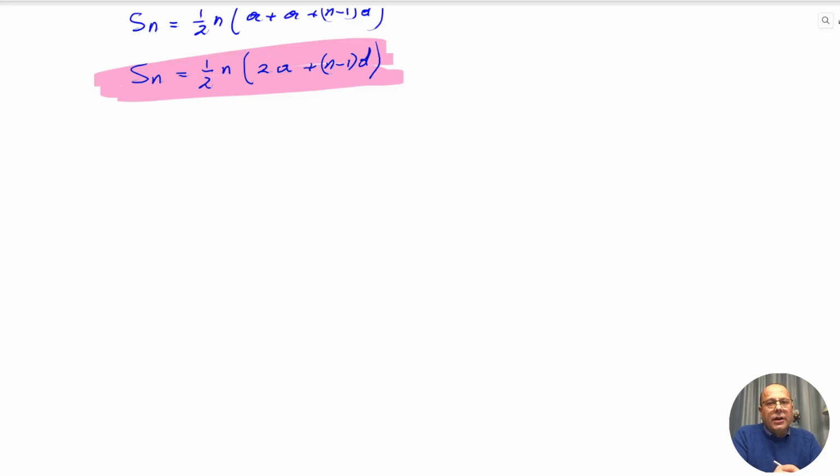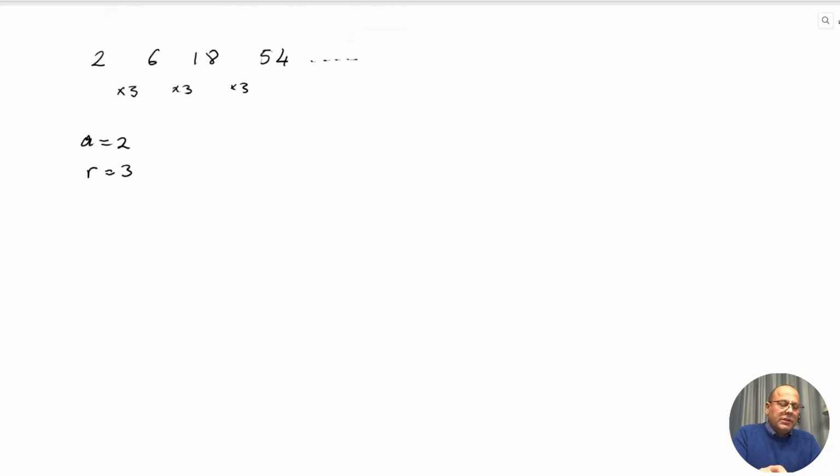Now let's consider another sequence: 2, 6, 18, 54, and so on. Each term is obtained by multiplying the previous term by 3. This type of sequence is called a geometric series, where the first term a is equal to 2 and the ratio is 3. In more general terms, we can write a geometric series as the first term a, plus ar, plus ar to the power of 2, plus ar to the power of 3, and so on.